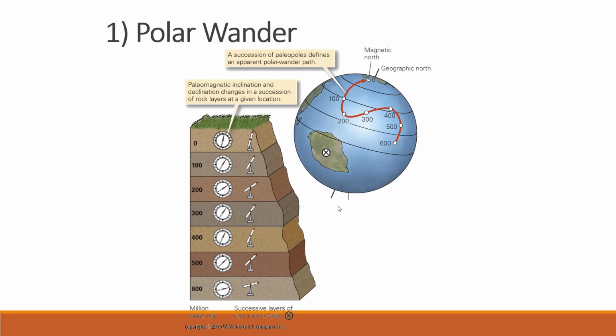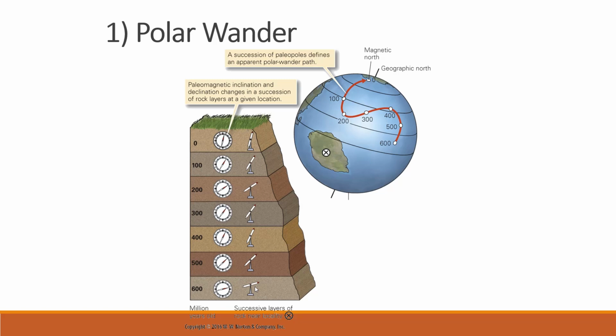If we look at rocks from different time periods in a sequence, they appear to point to different magnetic poles. So if we're looking at rocks of progressively greater age, they appear to point to a different direction. So we call this polar wander, or rather apparent polar wander.